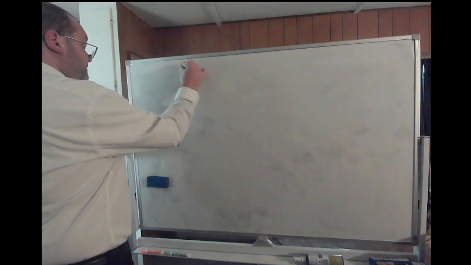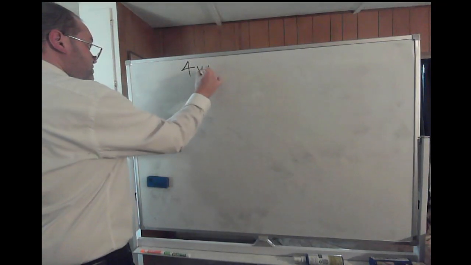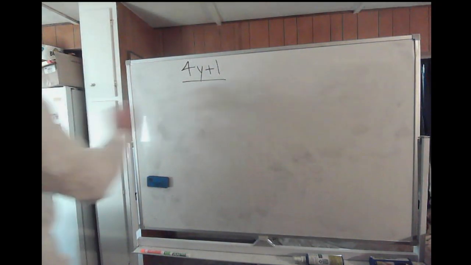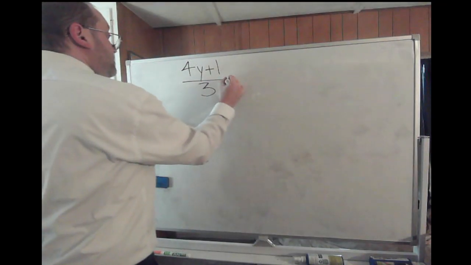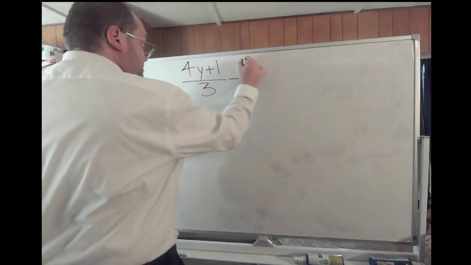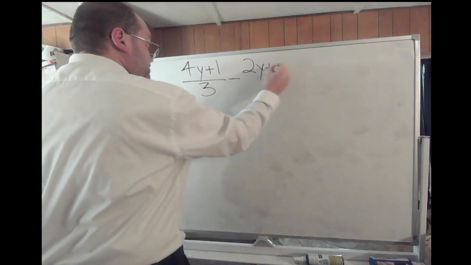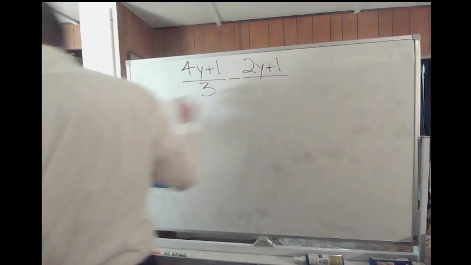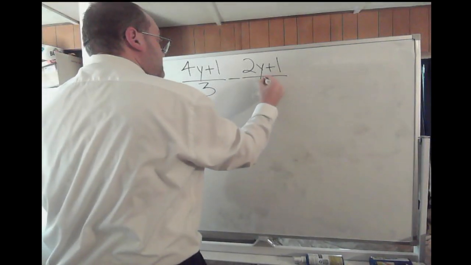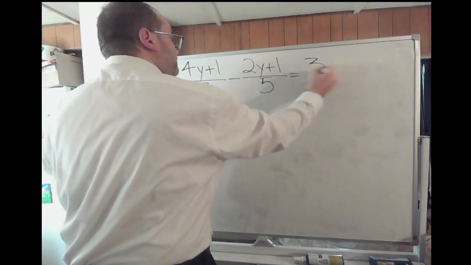Let's see. We have 4y plus 1 all over 3 minus 2y plus 1 all over 5 is equal to 3/5.